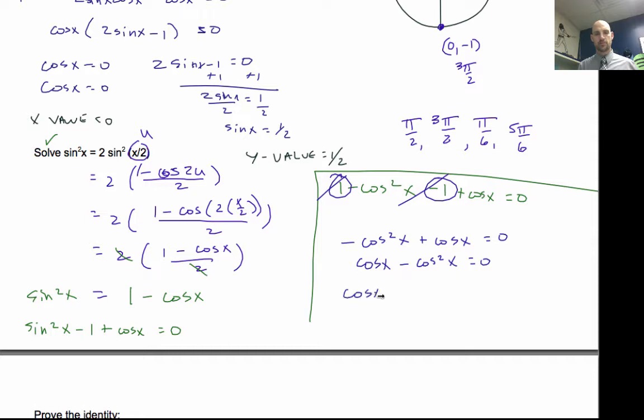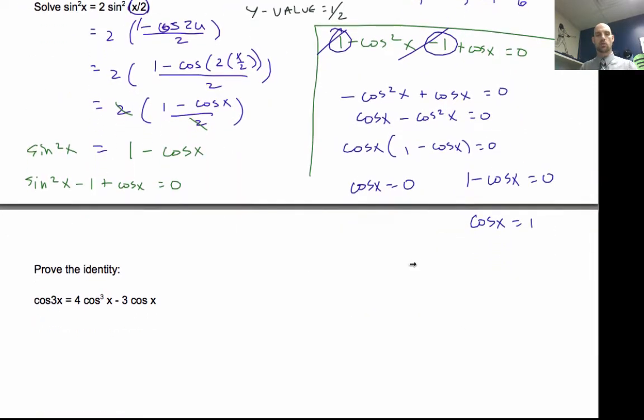Factor out a cosine. 1 minus cosine x equals 0. And now we're kind of back to a point where we were before, right? In the problem before, we're getting to a point where we've got something we can factor. And so either cosine x is equal to 0 or 1 minus cosine x is equal to 0, which would mean that cosine x is equal to 1.